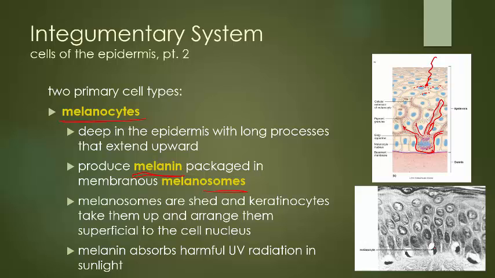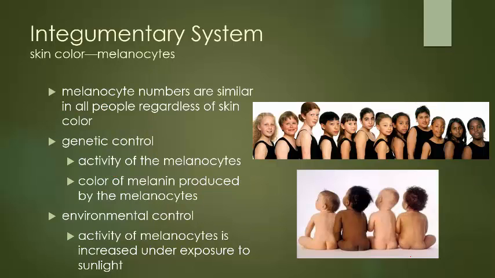So this is a micrograph of a melanosome. Here is the base of it, and it's hard to see where the appendages, the long processes, are in this micrograph, but these cells here are all melanocytes sitting down there at the basement membrane. One of the outcomes of having this melanin in our keratinocytes is that it gives skin color to our skin.